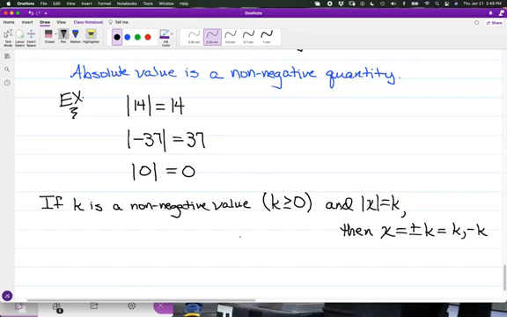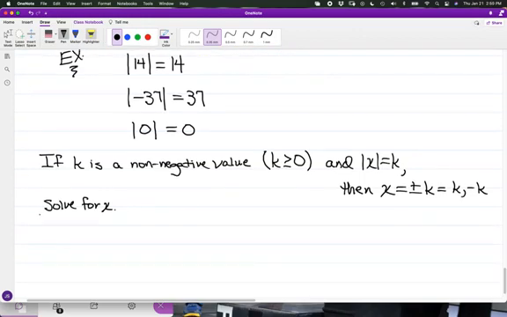Right. Now in the case of absolute value equations, if we're looking at solving for x, let's just get squared away here. Say we have the absolute value of x is equal to 7.